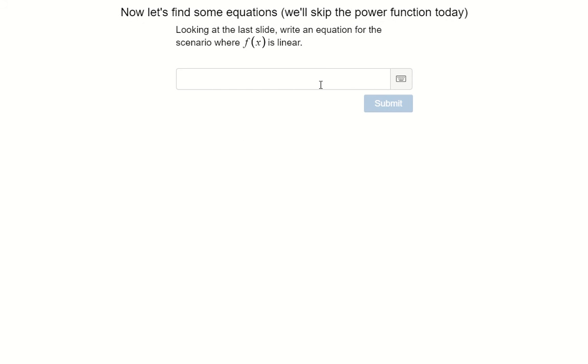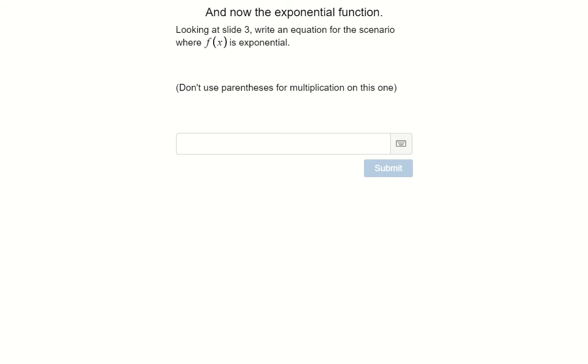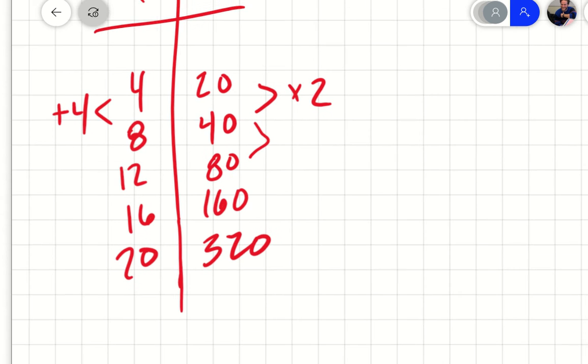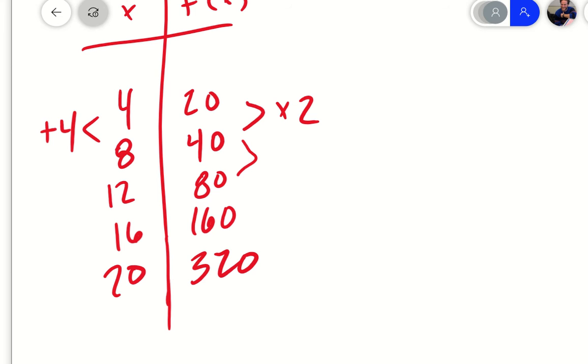All right, so we already found the linear equation. It was f of x equals 5x. Good work, me. And then now we want to find that exponential equation. We've seen that we need a starting value. We need the frequency with which it's changing, like how many x's go by until we double it again, and how it's changing.